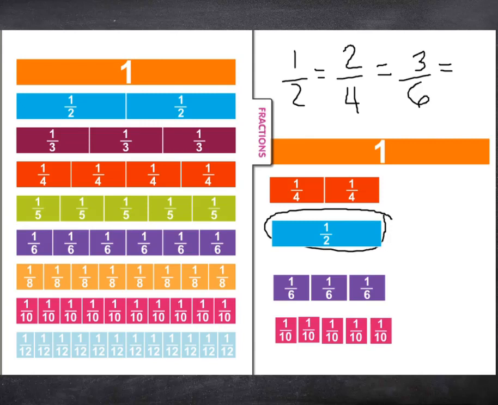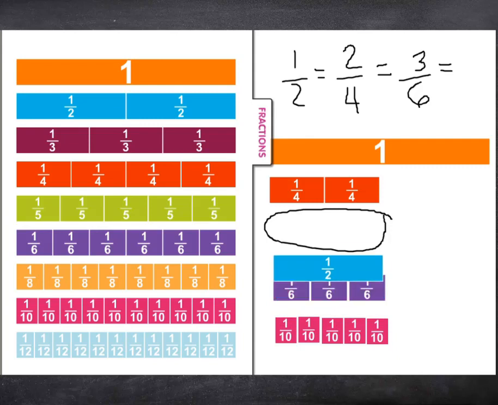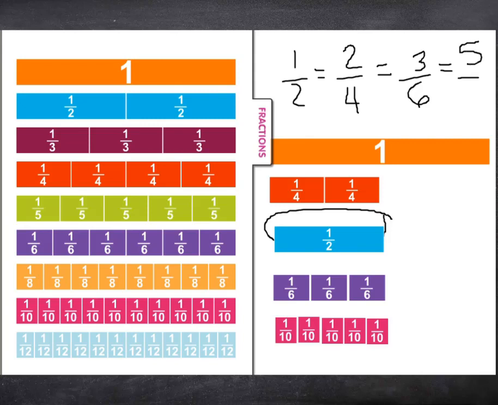That's 5 parts, exactly the same as half of a unit. Let's check. If you see, it's exactly the middle. 5/10 is the same as 3/6, and at the same time the same as 2/4. That is 1/2. So my next equivalent fraction is 5/10. Okay, that's my example to find an equivalent fraction.